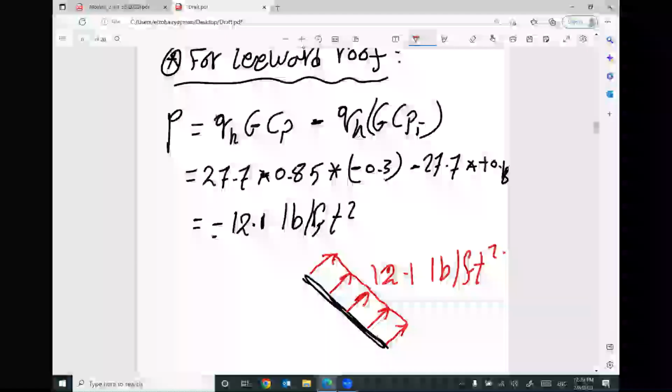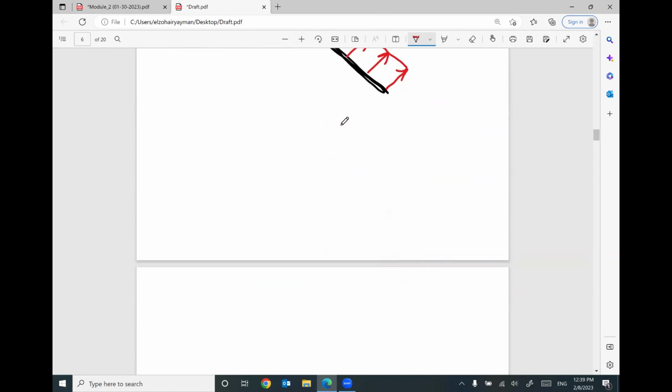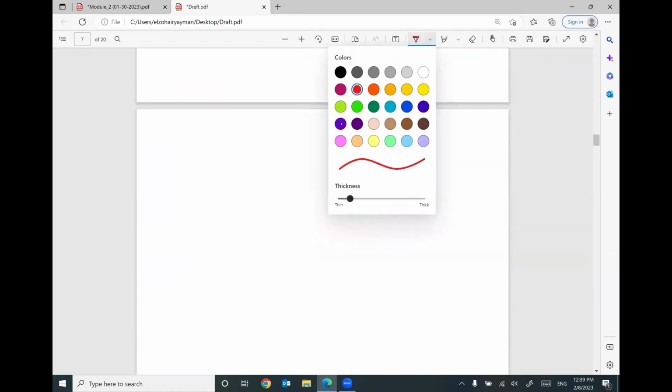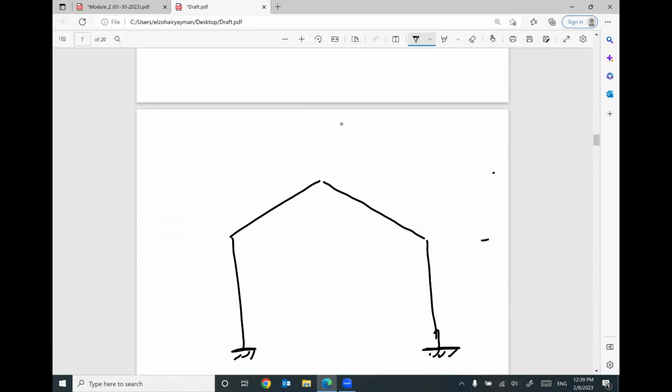If you are a professional, I highly recommend at the end of your calculation to draw your building like this. This height is 25 feet.